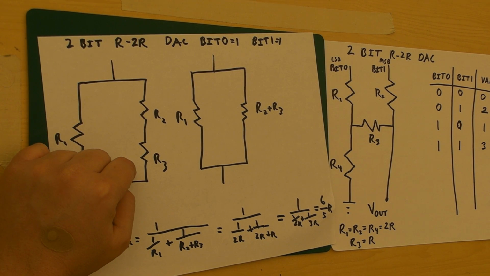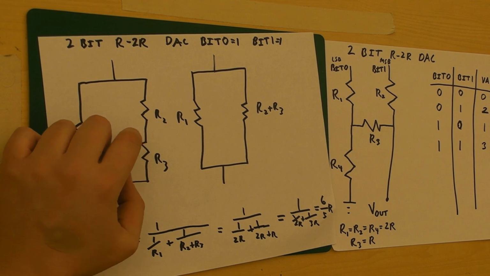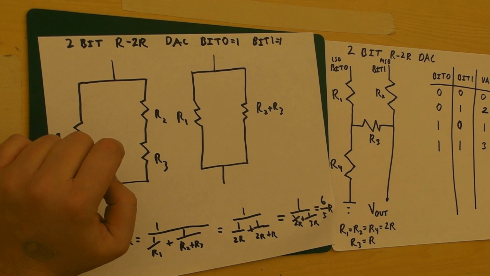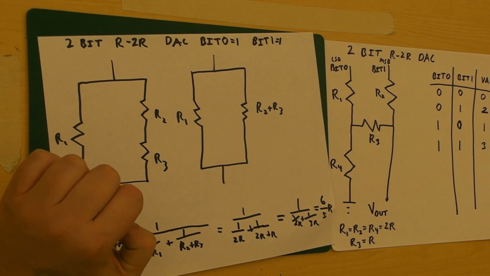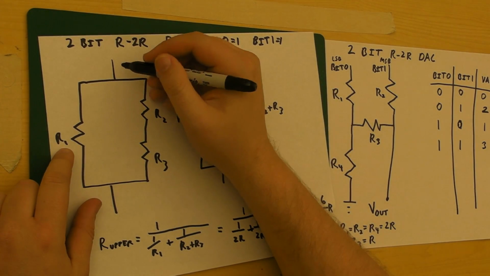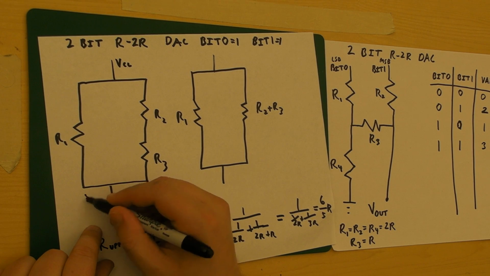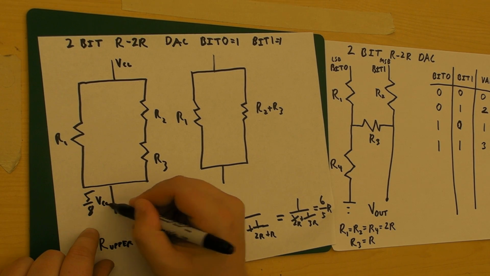Well, that's really convenient. So if we have some Vn coming here, we know that it's going to be some fraction. And in this case, we know that it is VCC on top here. And we know that it's 5/8 VCC here.